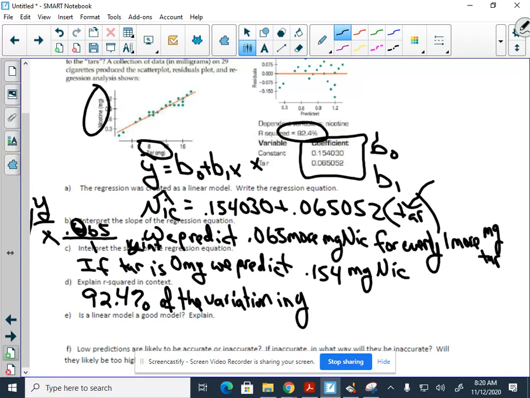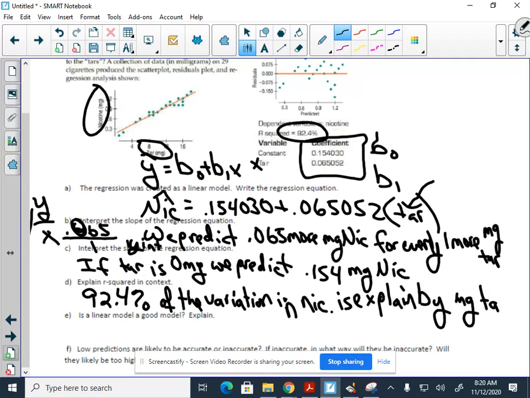It's usually the most missed word on this part of the thing. People don't say the variation in y. Well, what is y? It's nicotine is explained by tar. And it's milligrams of nicotine, milligrams of tar.